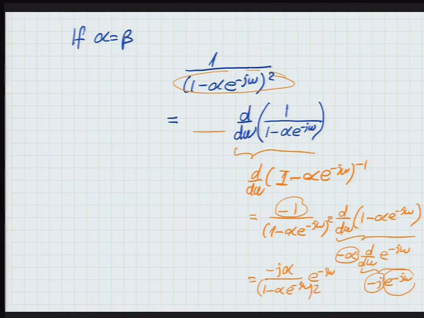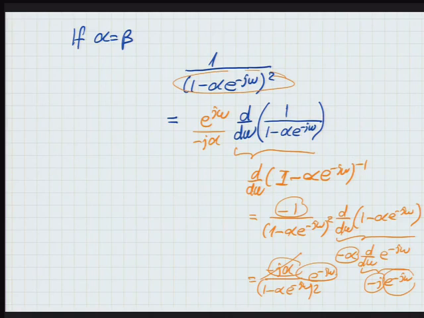What I call junk were these guys, so I need to account for them. So what should go here? I should divide by negative j alpha to cancel this. And to cancel e to the negative j omega, I should multiply with e to the j omega. Agree?